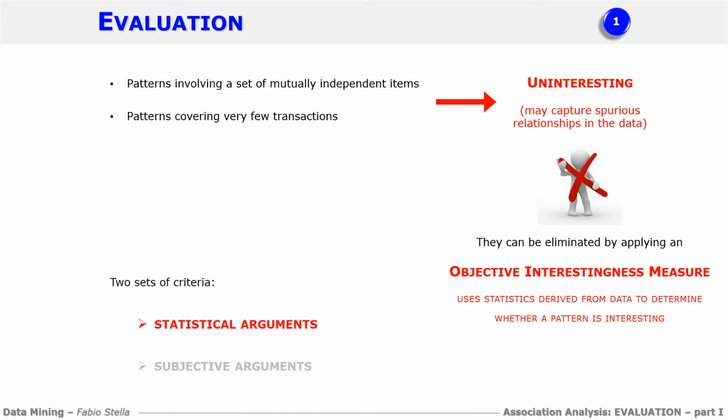In particular, they can be eliminated by applying an objective interestingness measure, which typically uses statistics derived from data to determine whether a pattern is interesting or not. Examples of objective interestingness measures are the following: support, confidence, and correlation.